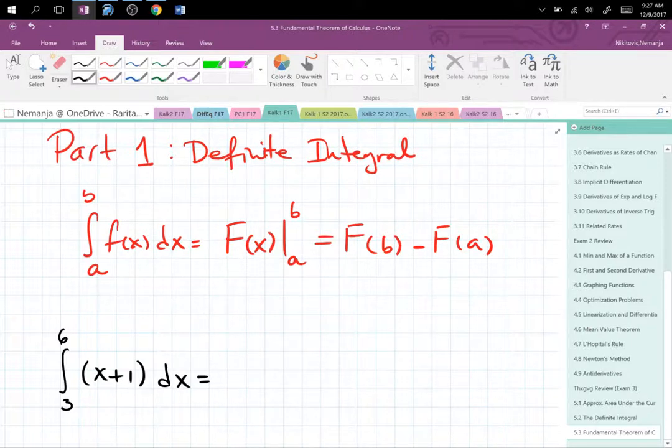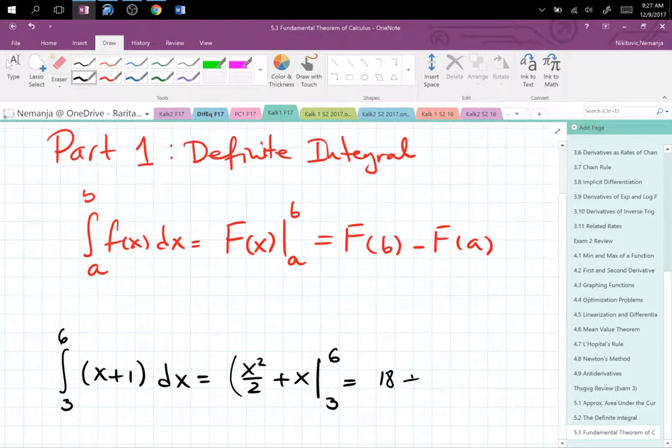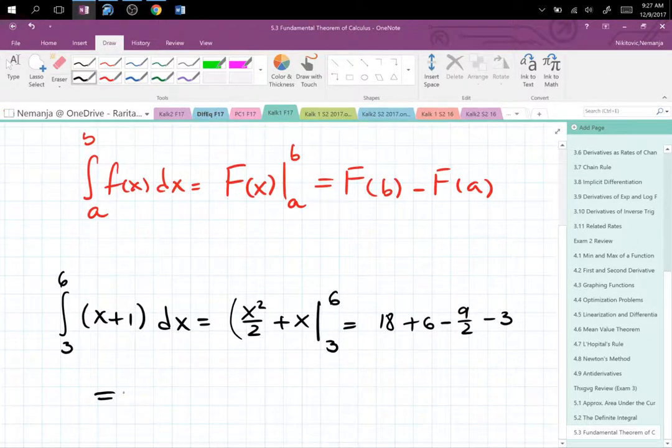We are going to have x squared over 2 plus x as the antiderivative, and you would compute that from 3 to 6. So we are getting 36 divided by 2 is 18, plus 6, minus 9 halves, and then minus 3. Right, while we compute this.